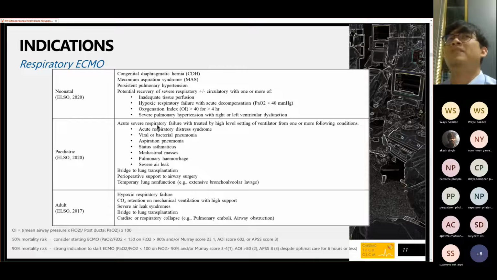acute severe respiratory failure. We treat with a high level of ventilator settings. That means you cannot support with conventional treatment. If we force the patient onto the conventional one, I mean the ventilator, the ventilator can cause side effects like barotrauma.